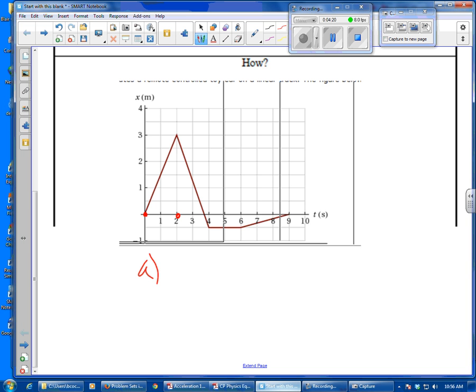Now, how do I find slope? Rise over run. So my slope is rise over run. And we said the slope is the velocity, right? That would be V. Actually, we put a hat on it because it's velocity. My rise, that's the y-axis here. What's my y-axis measuring?